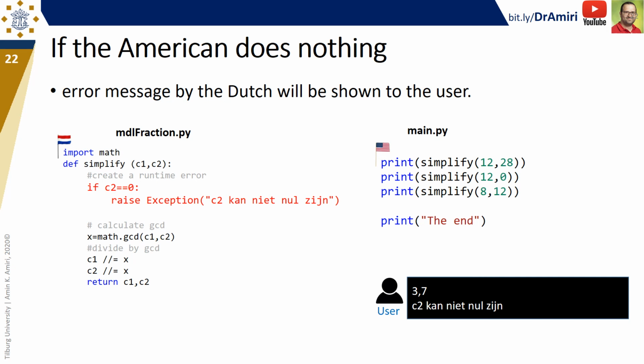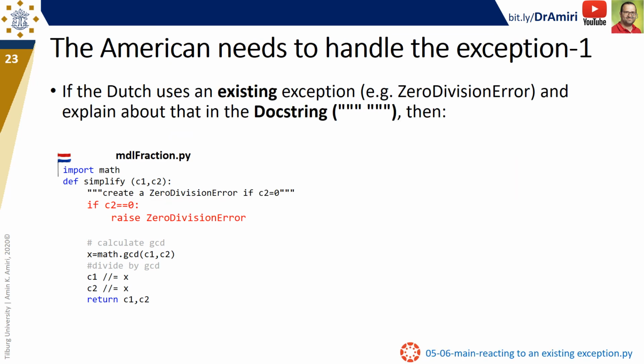So that's why you need try except in the main.py, so that you can show a message that the American programmer can understand. So again, the American is required to handle the exceptions. If the Dutch programmer uses an existing exception like raise ZeroDivisionError, he has to explain that in the manual.